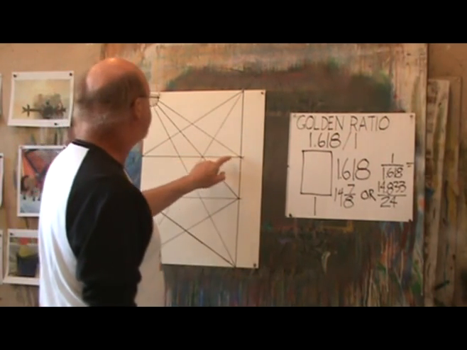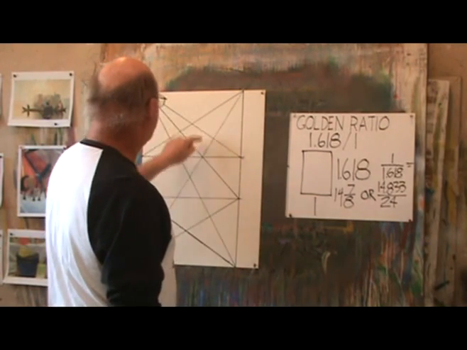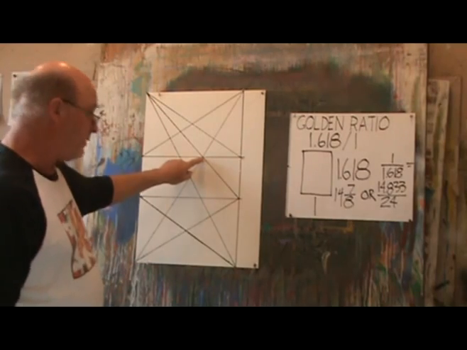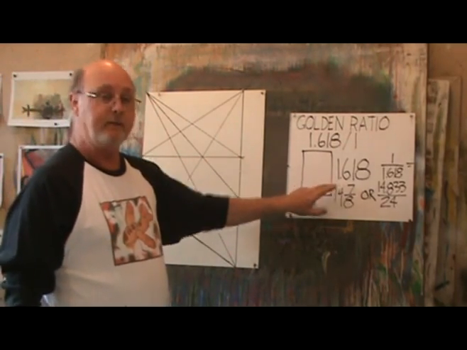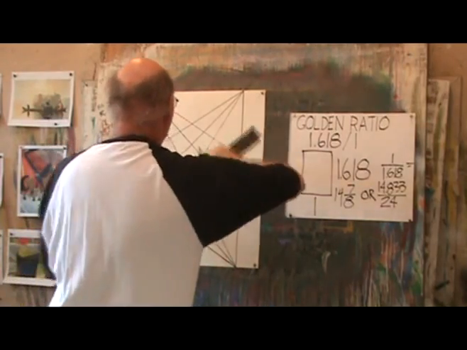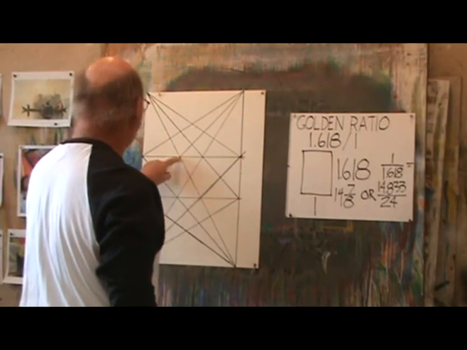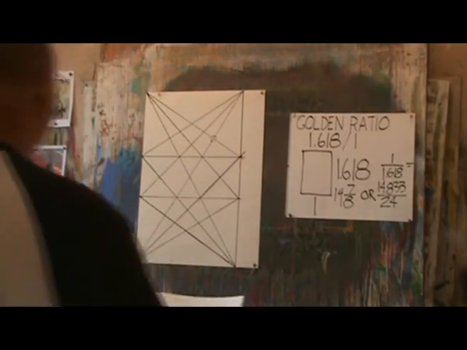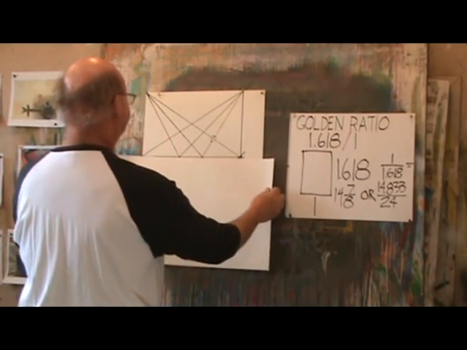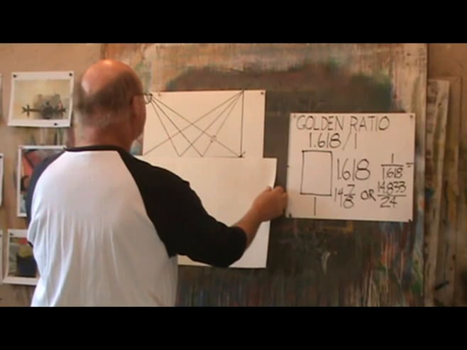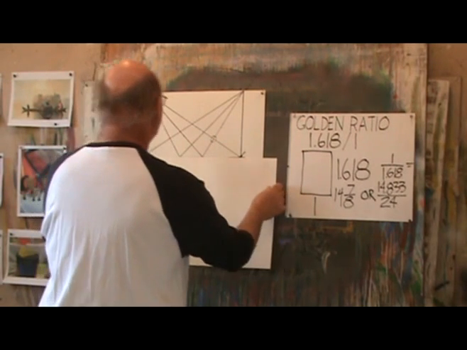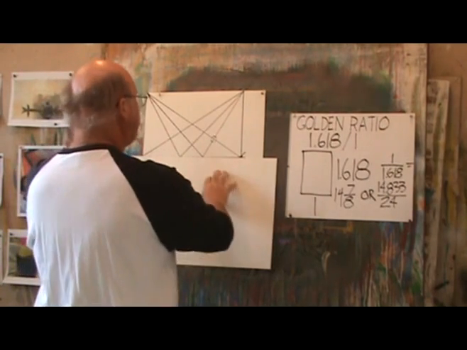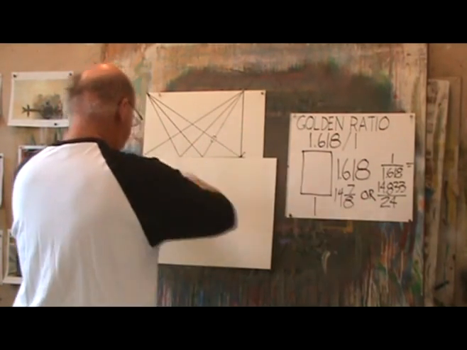And then this remaining rectangle right here is another smaller rectangle, which is also 1.618. And again here, so this happens 4 times. So if I cut this off right here, like so, now I got a smaller rectangle, which again is the same ratio as the overall.